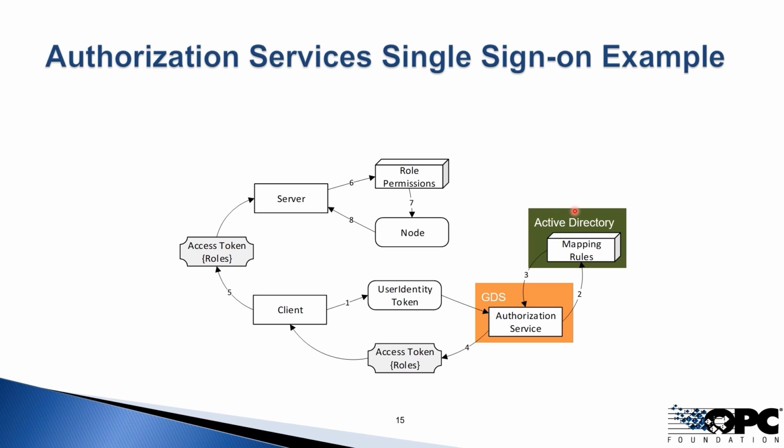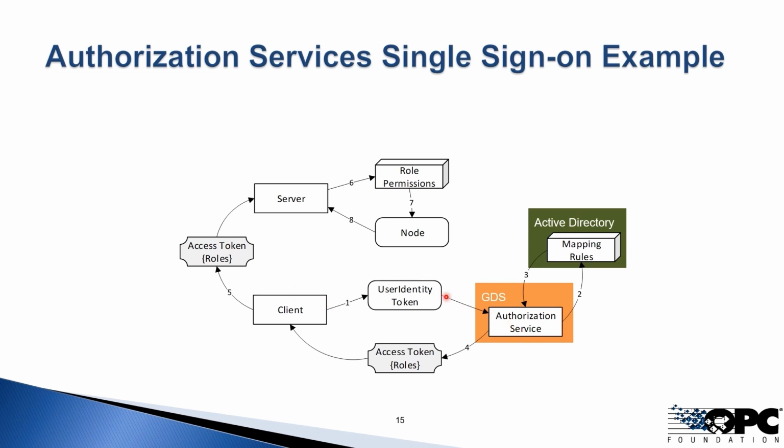So in this case, the single sign-on happens quite nicely because before even the client starts up, the Windows machine has been started and the user, an Active Directory user, has logged into the machine. And so the user identity token that I need for this client is already present.